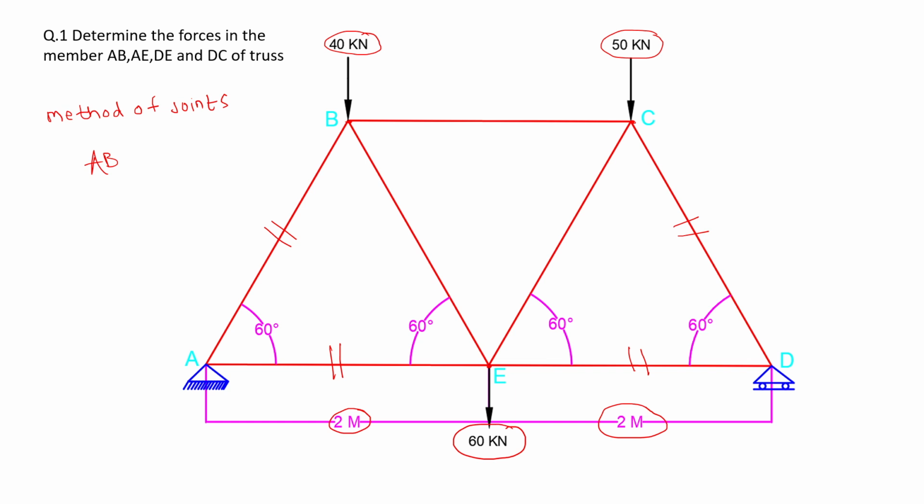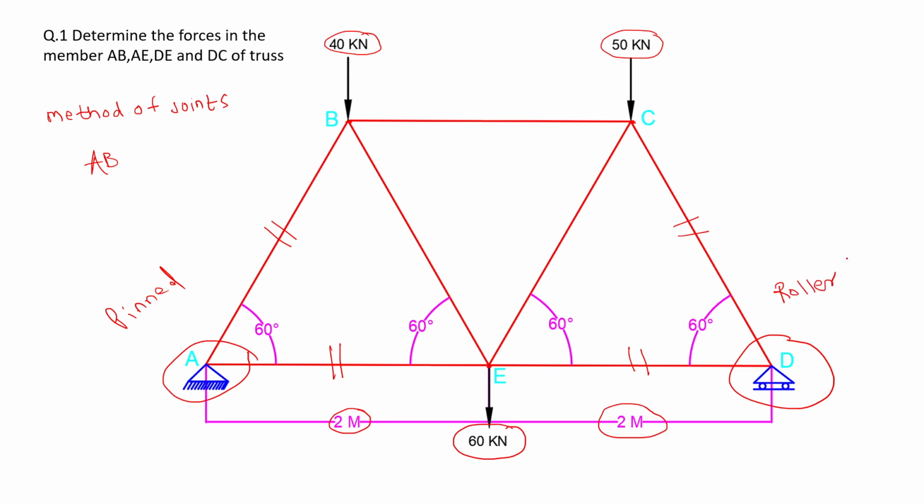Okay, so our very first step is to draw the free body diagram, showing the reactions instead of the support. So here you can see there is a support at A and a support at D. This is the pin support and this is a roller support.